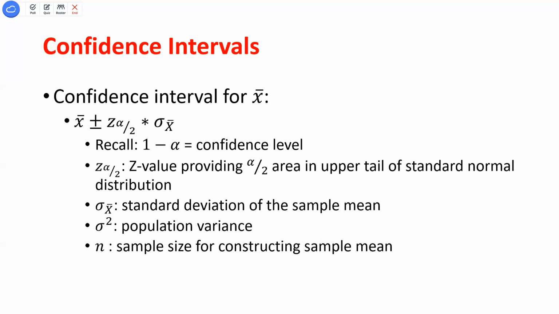Now, we'll talk about alpha in a second, but for now, just know that this Z value is something that we look up in the table. It's going to be the number of standard deviations away we need to go to build our confidence interval based off of whatever level of confidence we want, right? Whatever probability we want there in the middle.